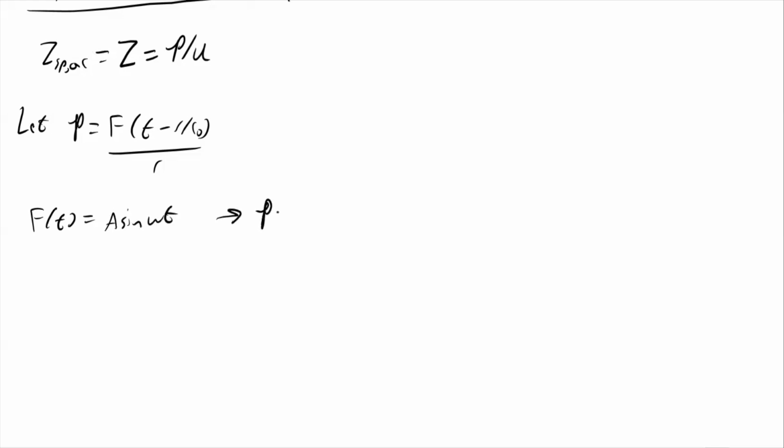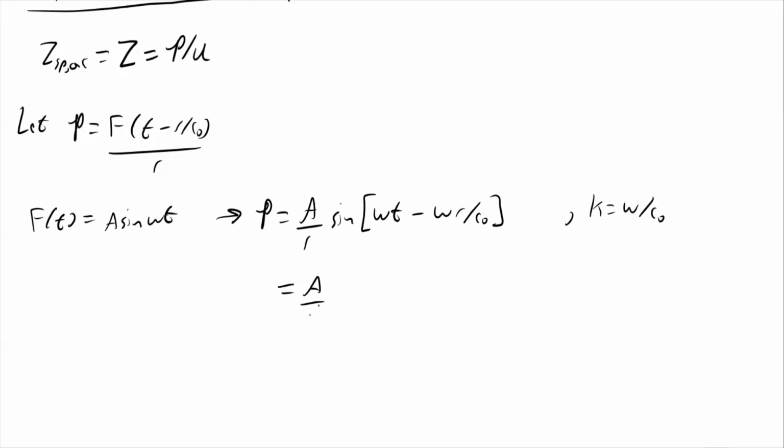Therefore, P is equal to a over r times sine of omega t minus omega r over c naught. And we note that k, which is the wave number, is omega over c naught. So P becomes a over r times sine of omega t minus kr.